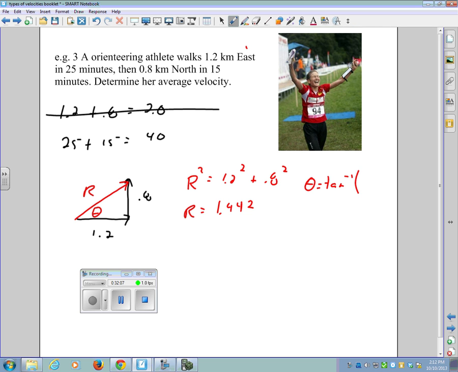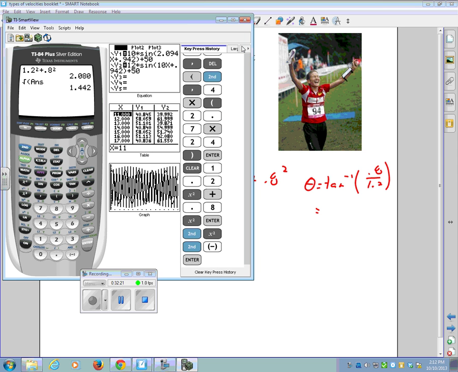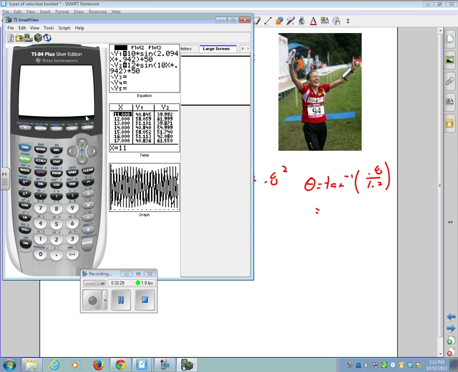Inverse tan, opposite over adjacent, 0.8 over 1.2. Sure wish I could make that go away. Here I go.